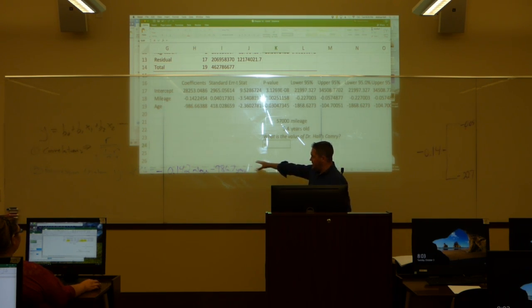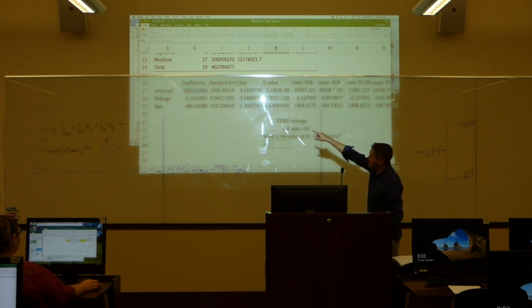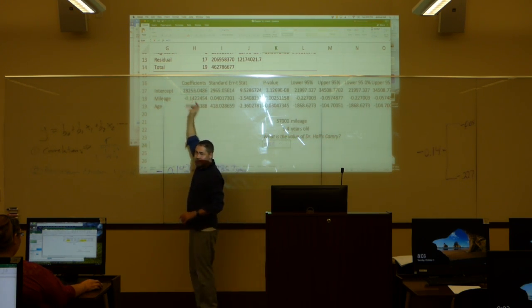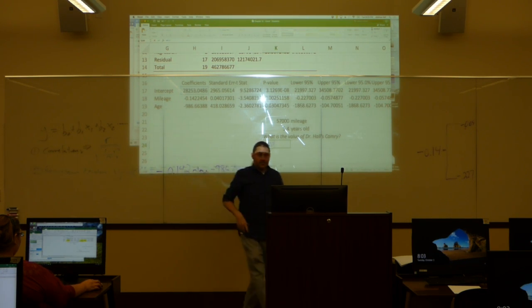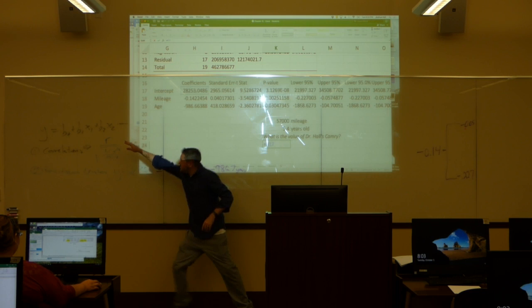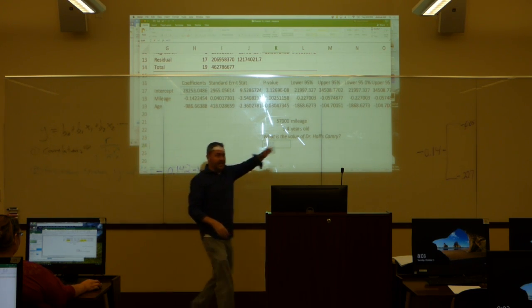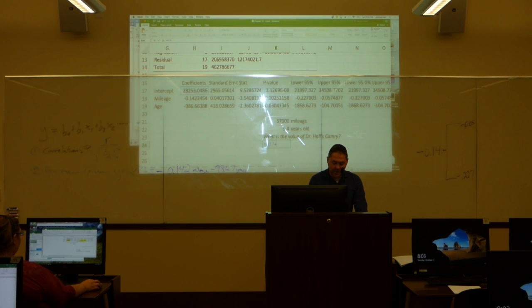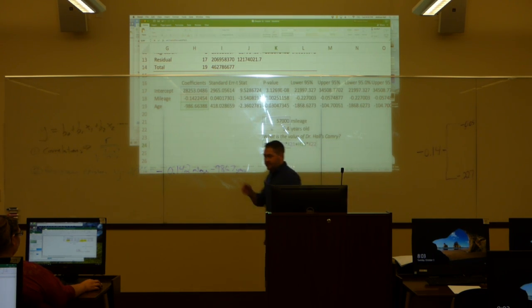Equals, just plugging in our regression equation, equals intercept. The intercept is 28,253, so I just clicked on that box. Plus, it's always plus, because the negative's already incorporated, the coefficient on mileage times the mileage that I gave you, 57,000 miles. Plus the coefficient on age times the actual age.